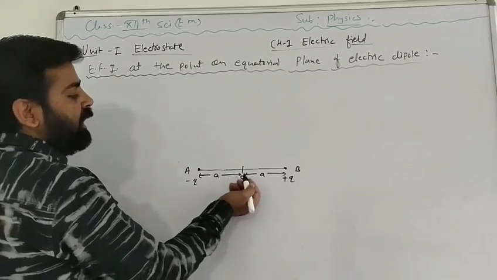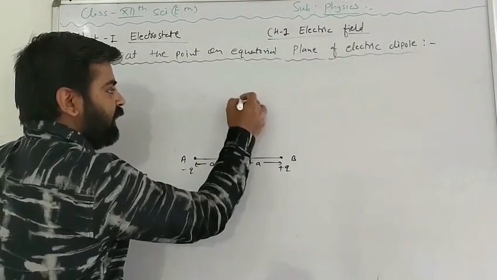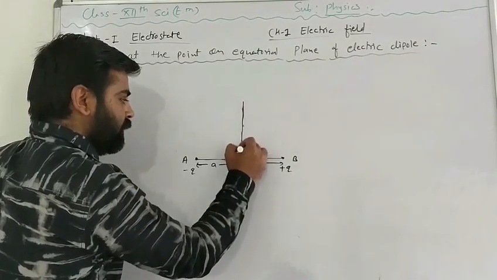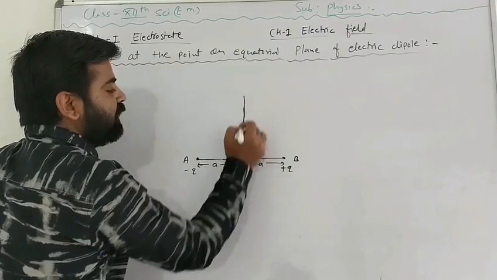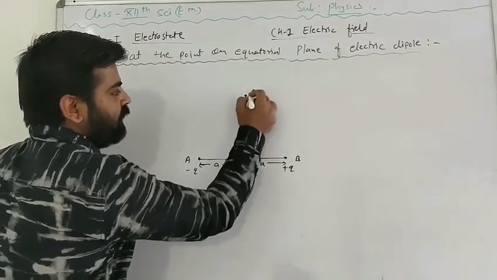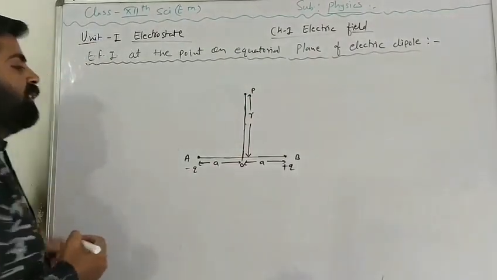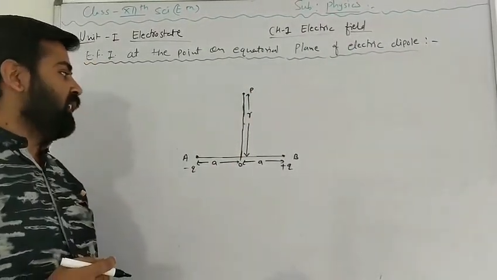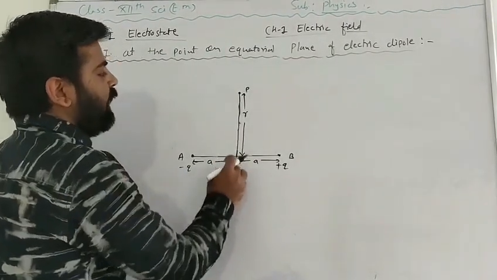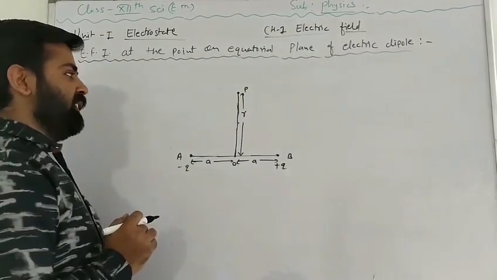So we have to find electric field intensity at P point on equatorial plane, which is small r distance. Here is P point. This point is at small r distance from its center O. From center O at small r distance at P point, we have to find electric field intensity.